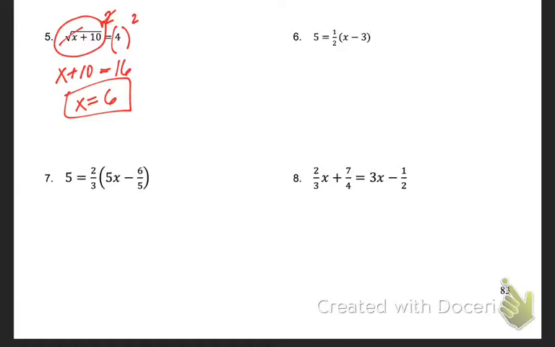Number 6, we've got another fraction. I'm going to circle the denominator since there's only one. The least common denominator is 2. So I'm going to multiply everything by 2. Now, you look at this and you're like, why did you only write 1, 2 on the right side? Well, that's because this 1/2 is out front in front of the parentheses.